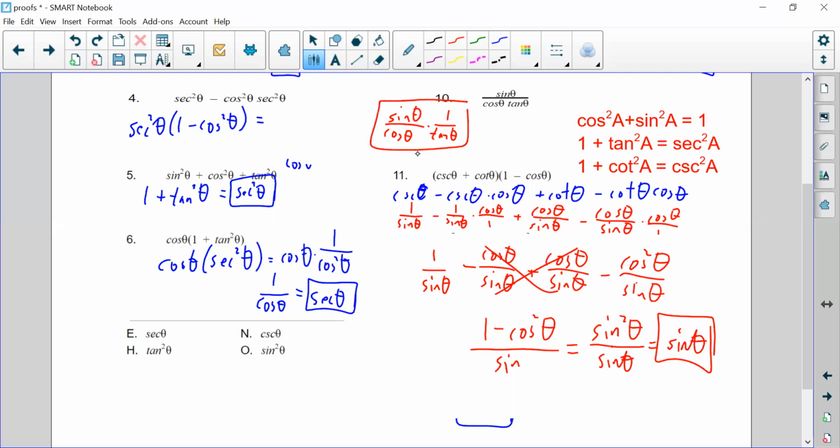If you start off with this, if I were to multiply those 2 fractions, do you get that black fraction? And the answer is yes. When you multiply fractions, you just multiply top by top and bottom by bottom. Well, sine over cosine is tangent. And so what am I doing? I'm taking tangent times 1 over tangent. So I'm multiplying 2 reciprocals. So the whole thing would just equal 1.